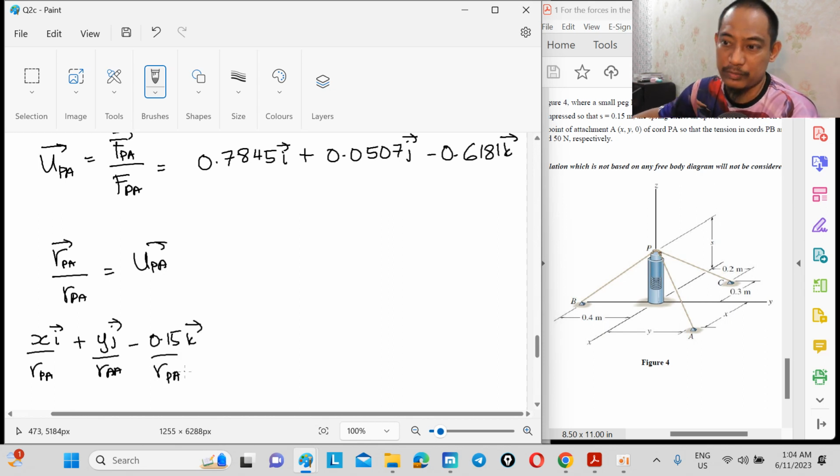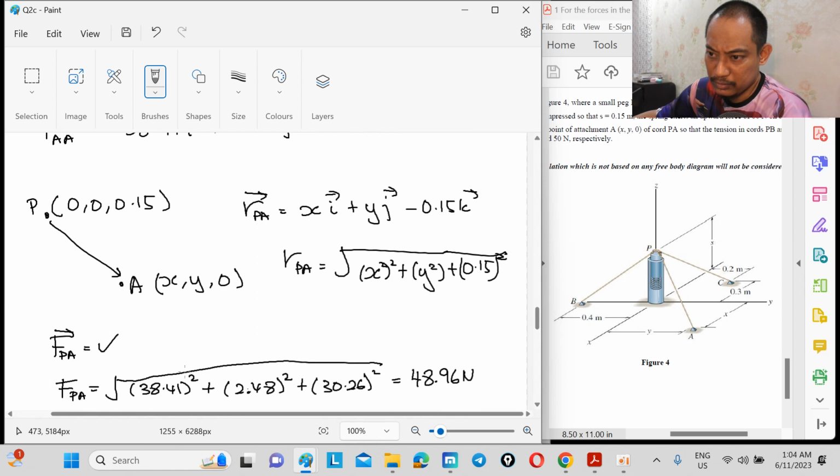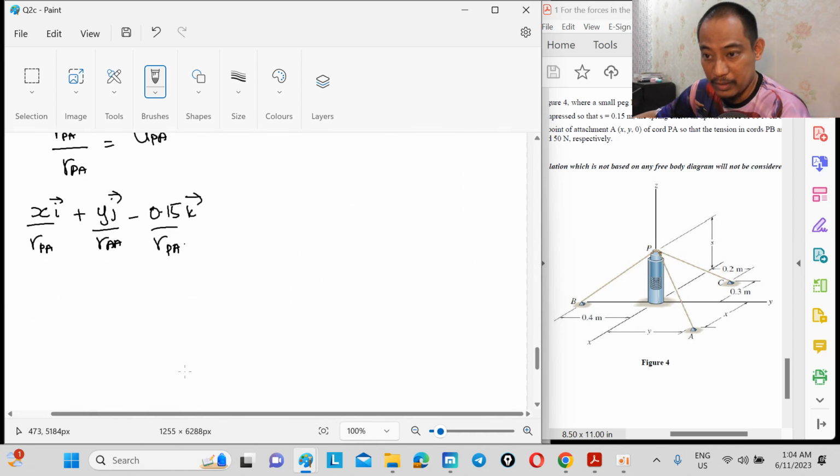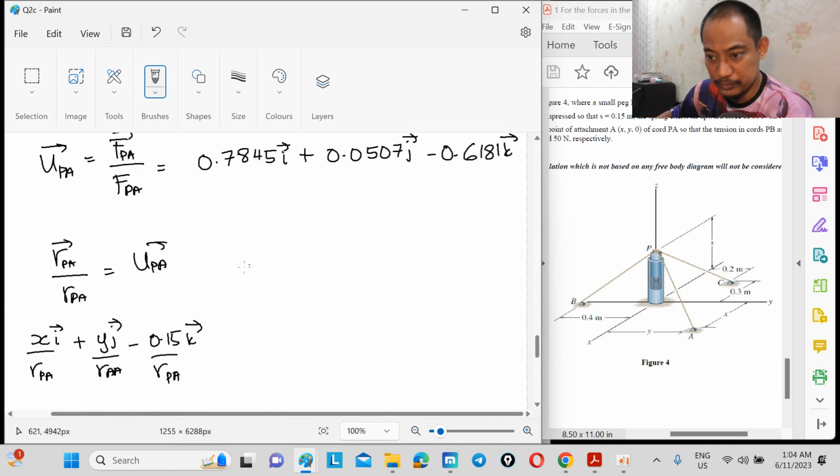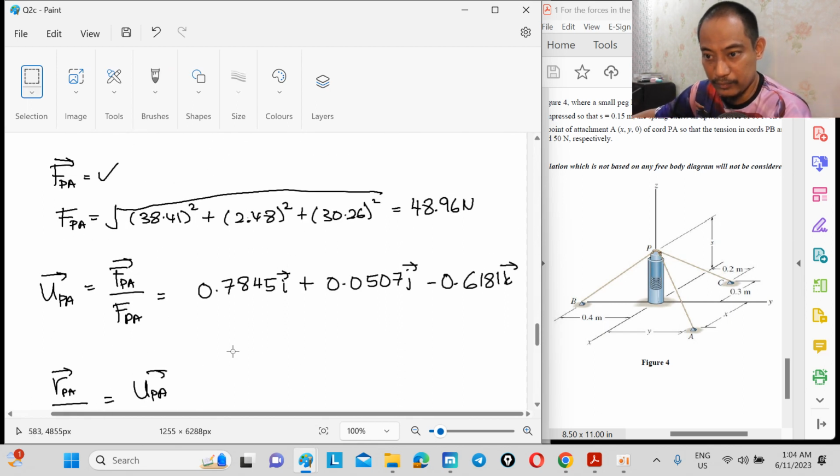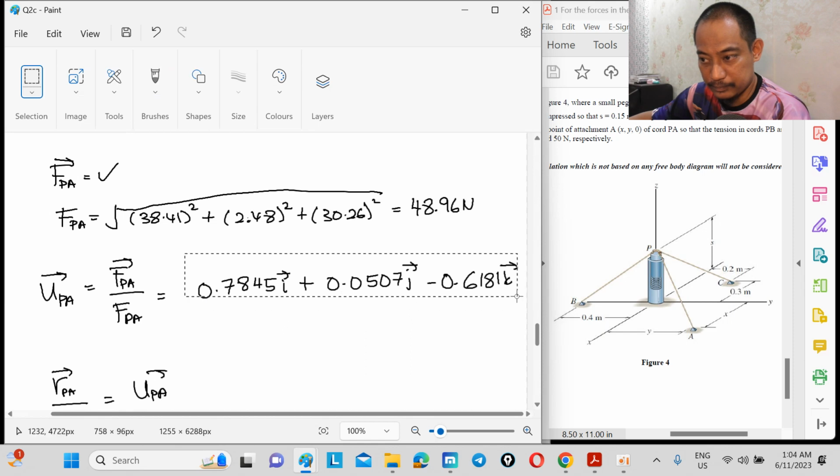Is it minus 0.15? Minus 0.15. Alright, it should be equal to all of this, right?